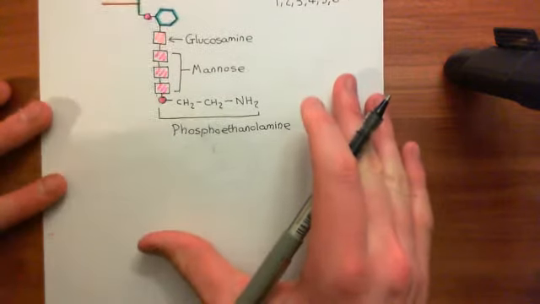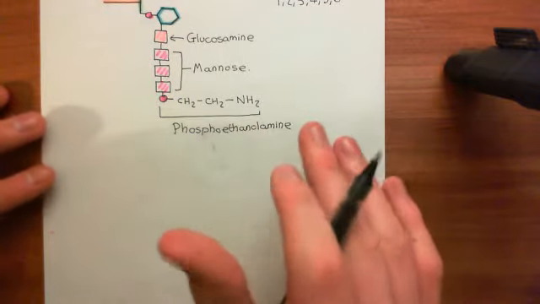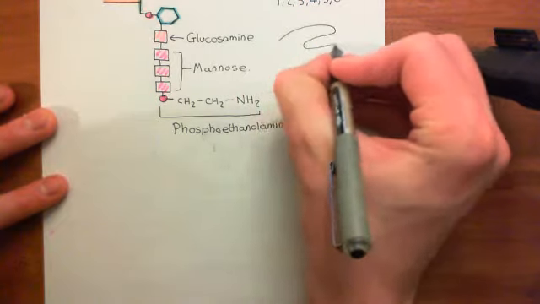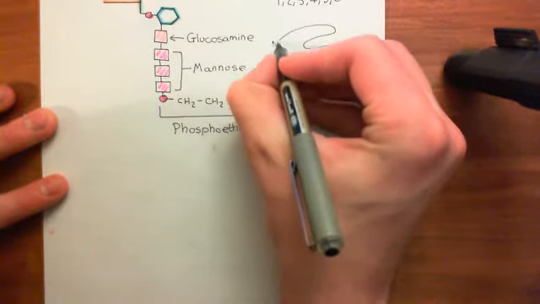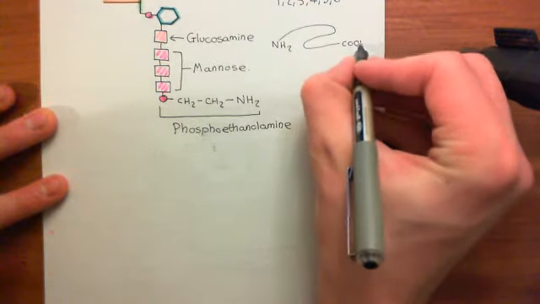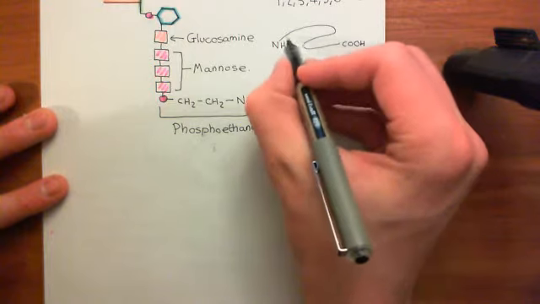Now, basically what you can do is you can attach these molecules to the carboxylic acid terminus of proteins. So if I have a protein here, let's say this is the amino terminus of our protein, and this is the carboxylic acid terminus of our protein. Remember, proteins fundamentally are just polymers of amino acids.